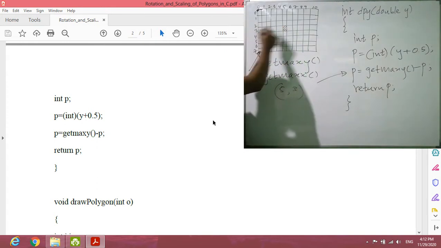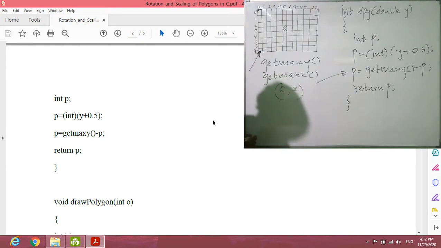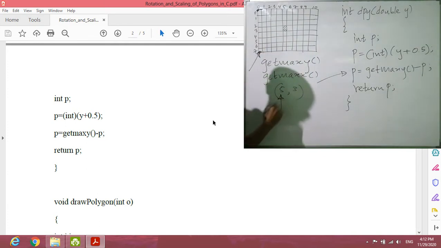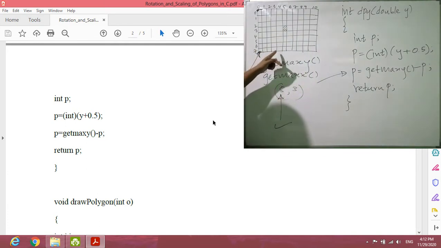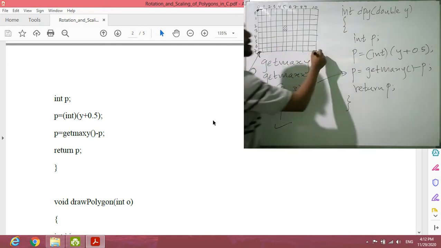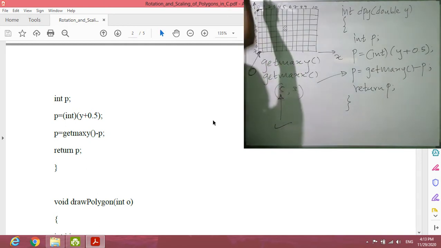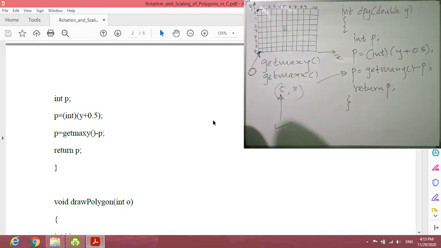Now this one is 3. No, this one is always 5, that is okay. The x coordinate is the same. Now if the origin is here, this is our new x axis and this is our new y axis, in this direction.